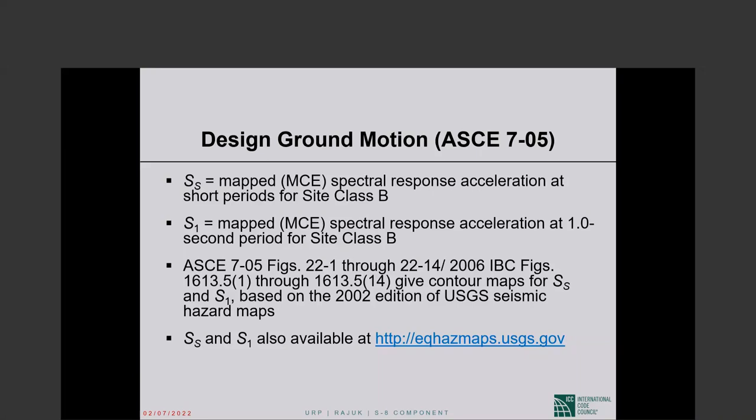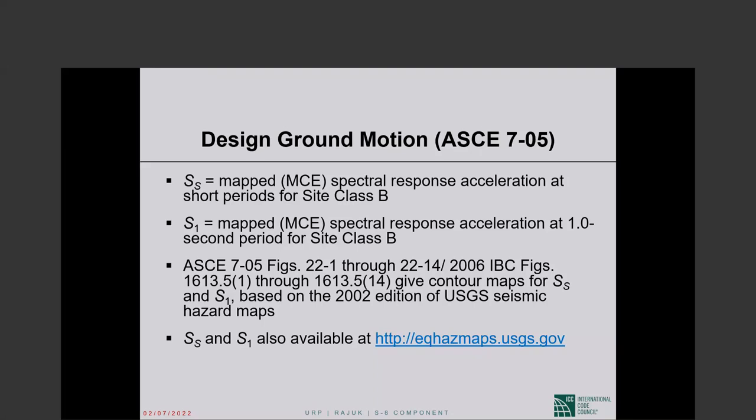So again, S sub S is the mapped maximum considered earthquake spectral response acceleration at a period of 0.2 second for site class B. S sub 1 likewise is the mapped maximum considered earthquake spectral response acceleration at a period of 1 second, also corresponding to site class B.